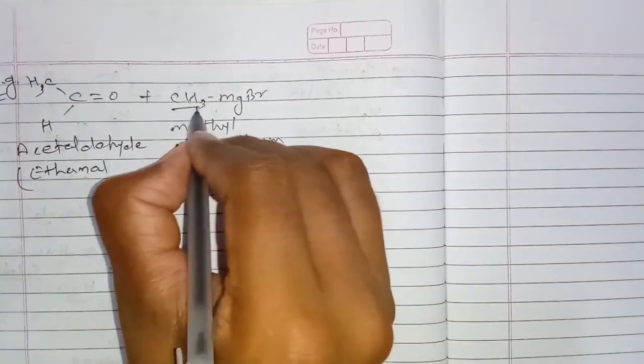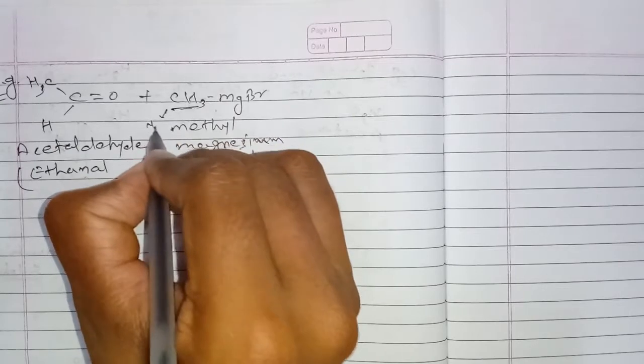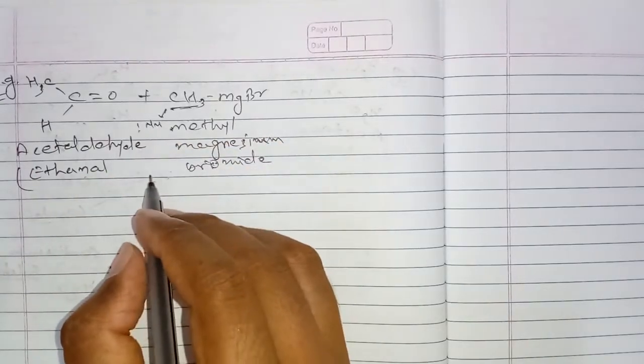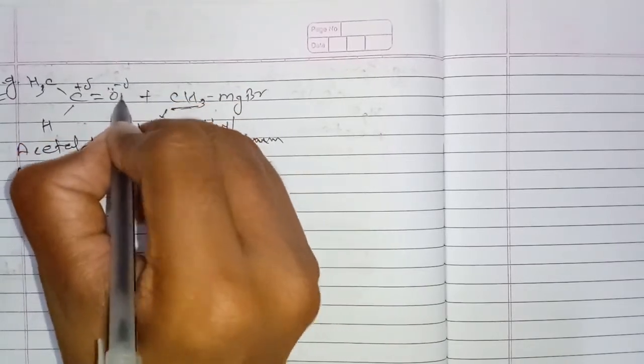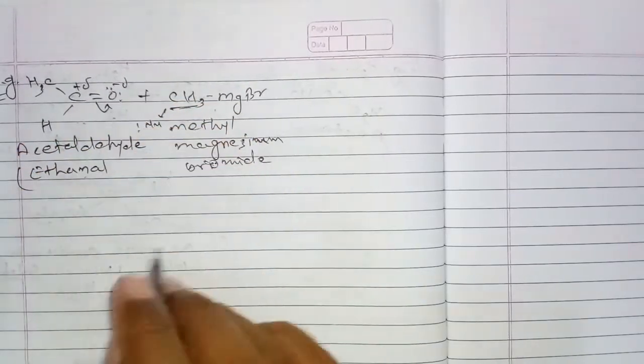Now this methyl will be our nucleophile. It has a partial positive charge and a negative charge.